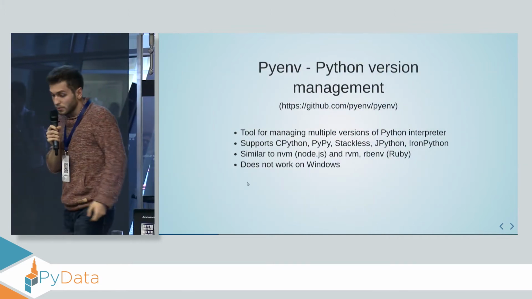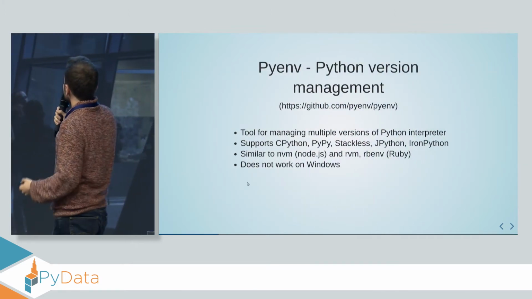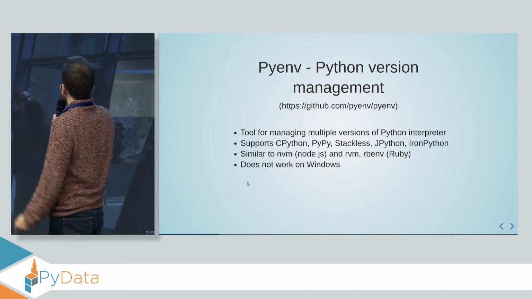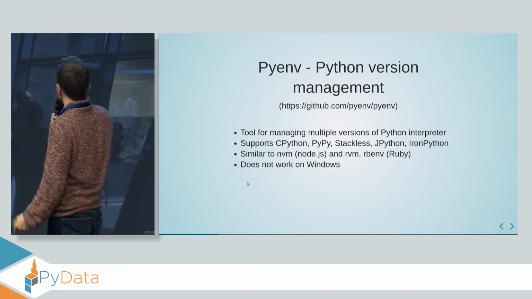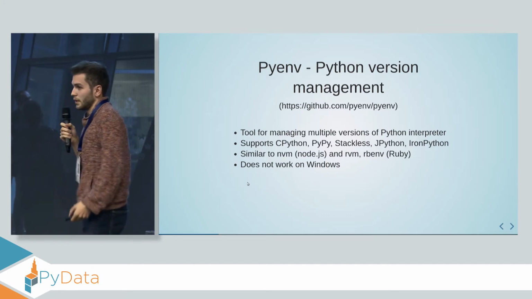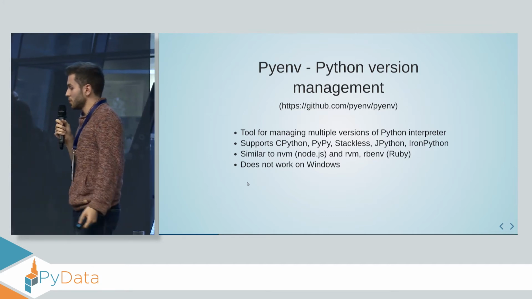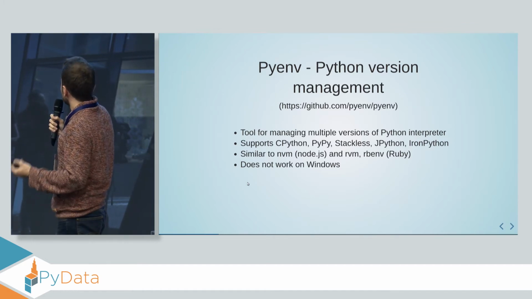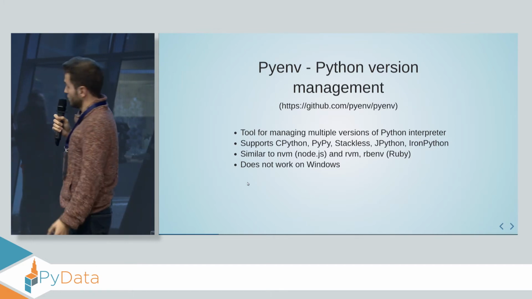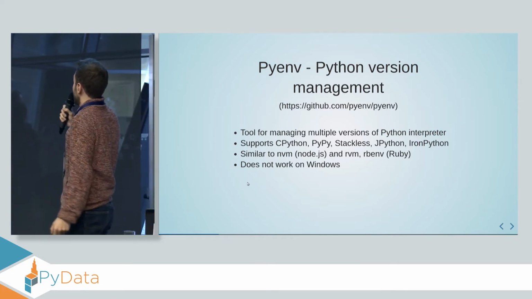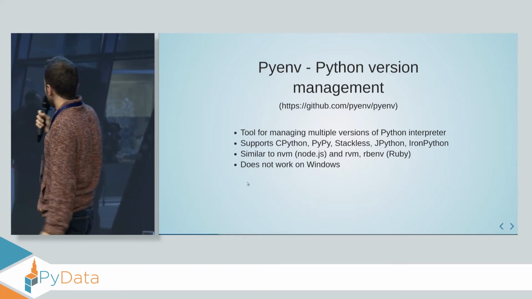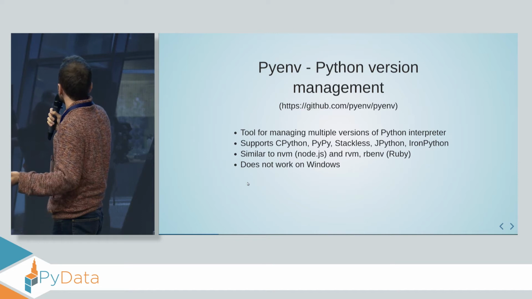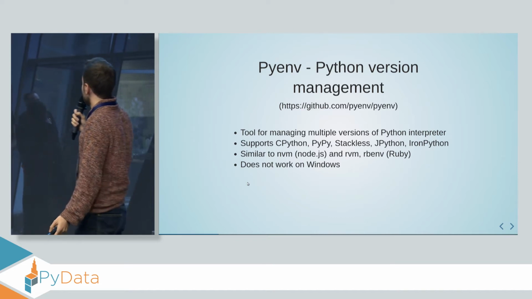So let's try to answer the first question, which is how to manage multiple Python versions. And for that, we have the tool called pyenv. So if you're, for example, working on multiple projects with multiple Python versions, you can use that. In addition to traditional CPython, you can also install other interpreters, for example, PyPy or Jython or IronPython.